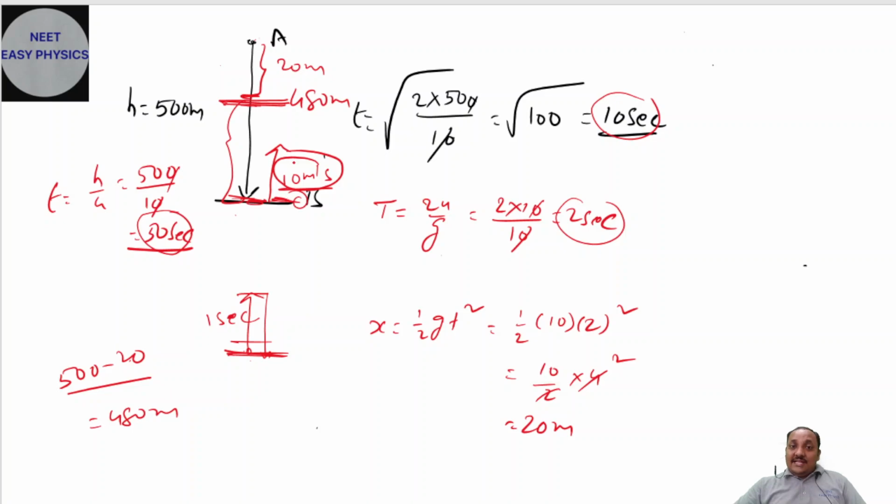But the vertically projected body is reaching down, again it is on the ground. Therefore, if they ask after what time they are going to meet, you have to go for 10 seconds.